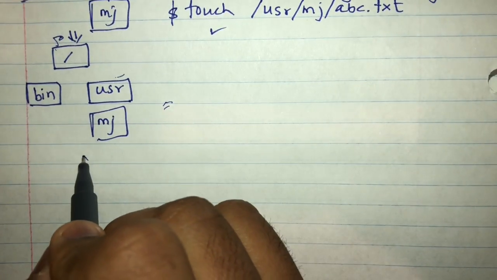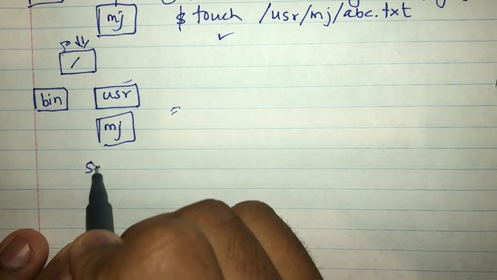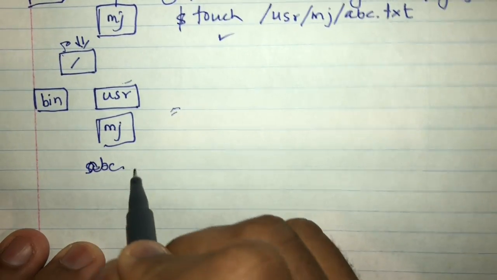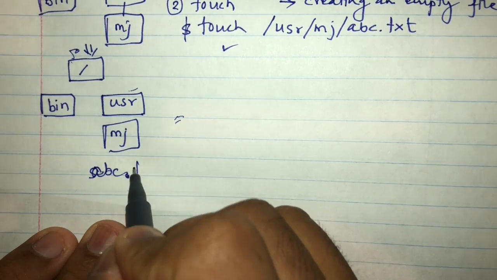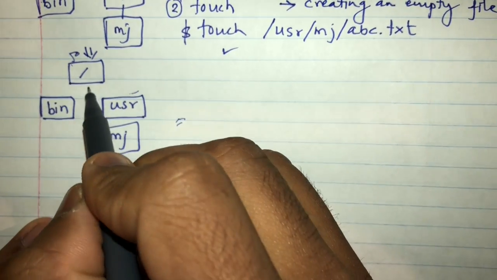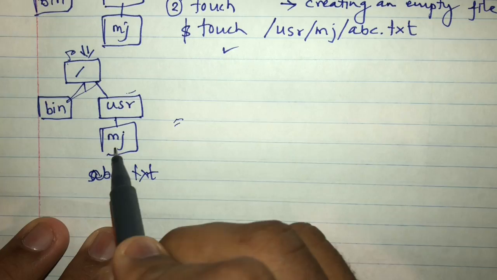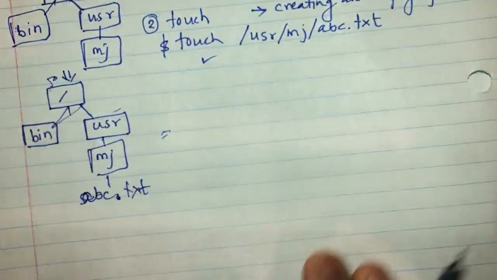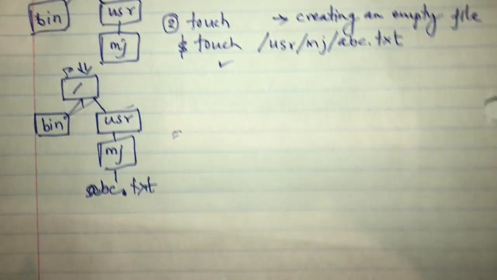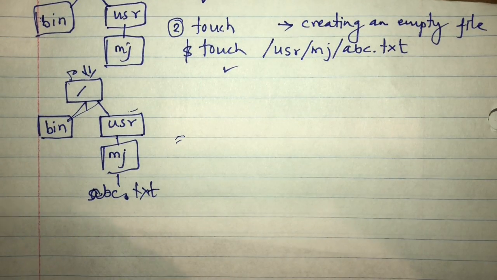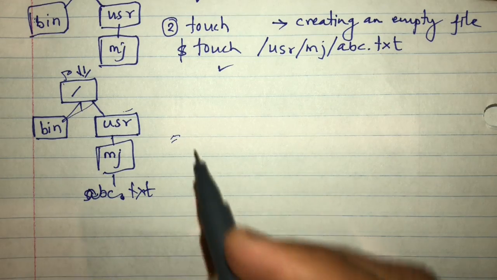And this mj will have one file called abc.txt. So let me finish the tree. Okay, so this is how you will be able to use the touch command.